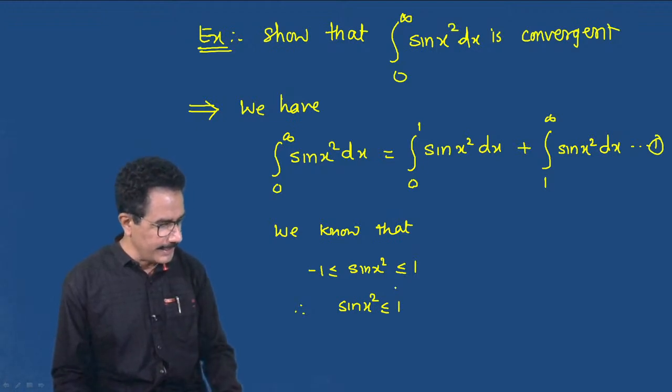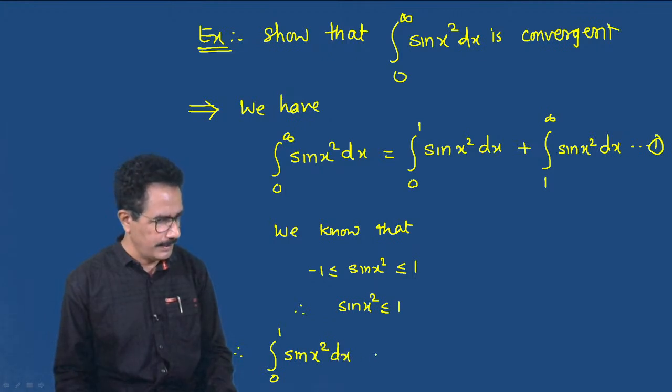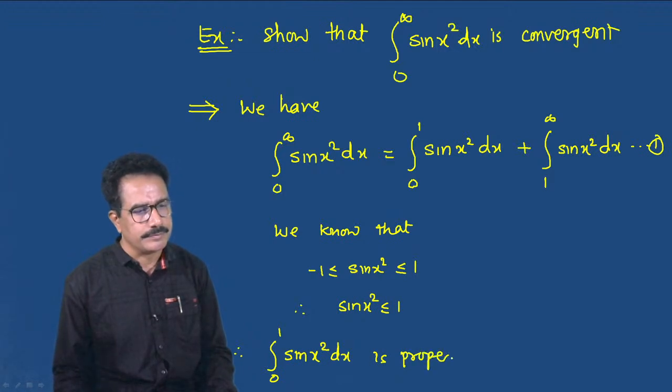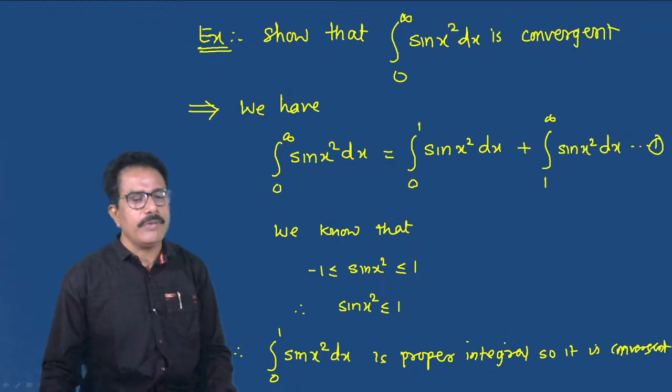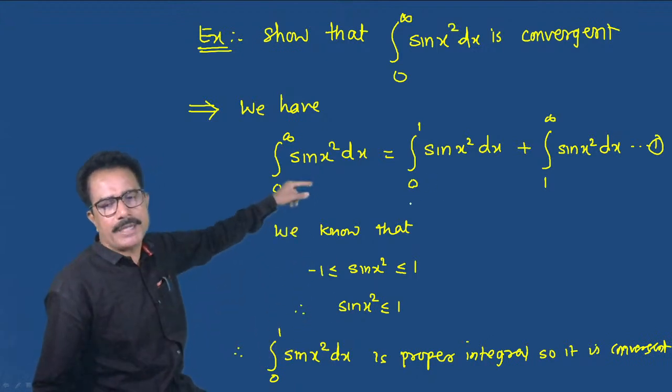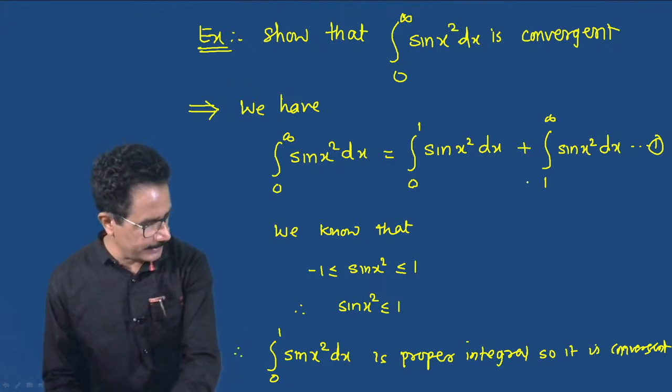Therefore we can say that integral from 0 to 1 sin of x square dx is a proper integral, so it is convergent. Now it is convergent, meaning this first part of the integral is convergent. Now we shall discuss the second part.